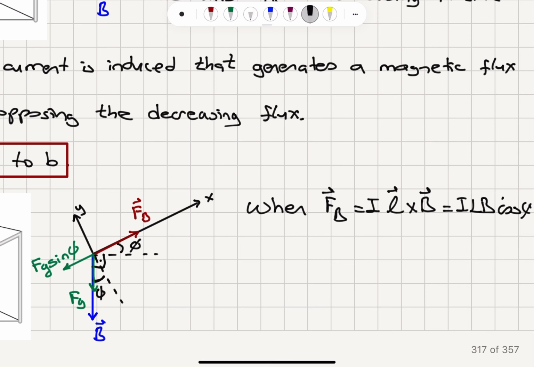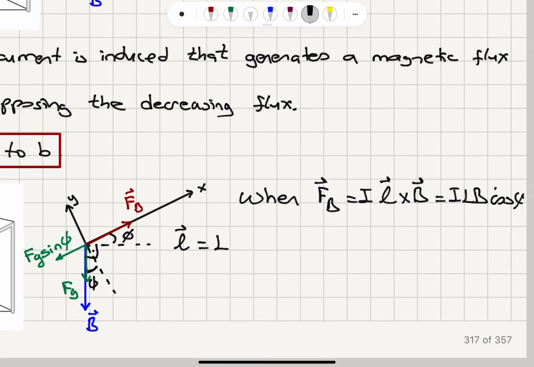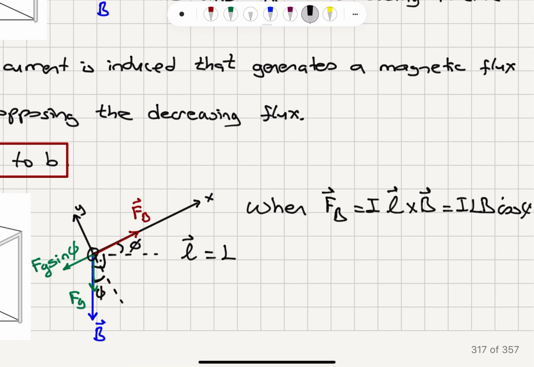Or I can say that this L vector is capital L. It's coming out of the page. This is my z-axis coming out of the page. L vector is capital L in the k hat direction. Magnetic field is minus B cosine phi j hat minus B sine phi i hat.